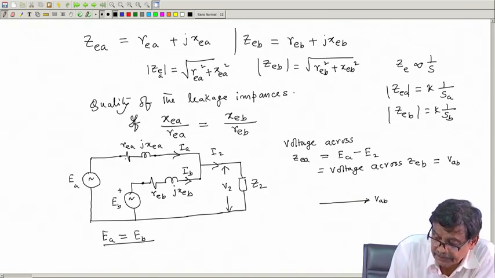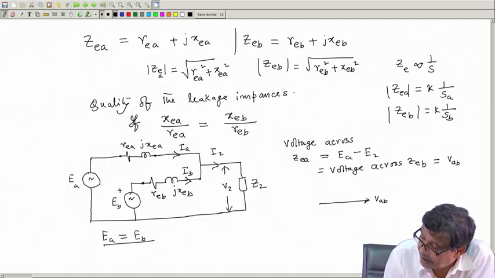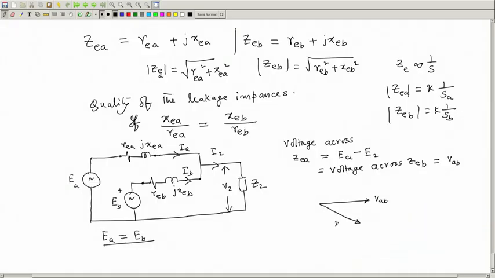If the qualities of the impedances are the same, then IA will be lagging by some angle theta, not the power factor angle. What is theta in this case?